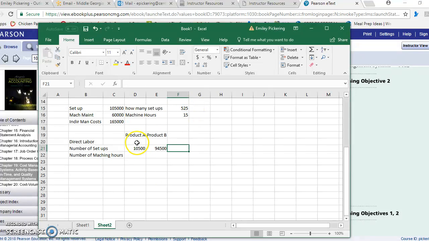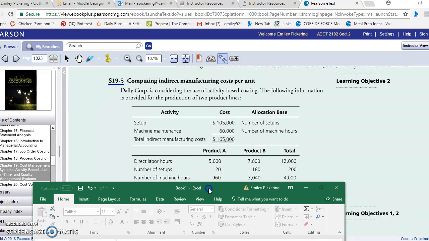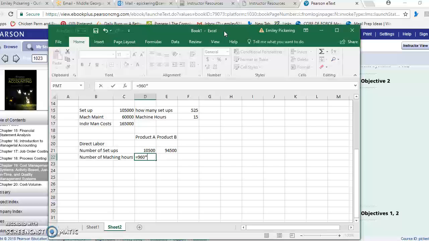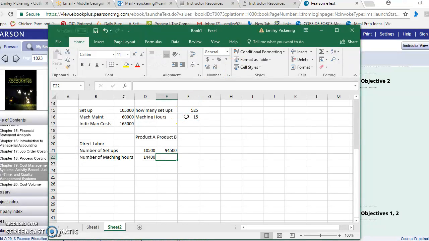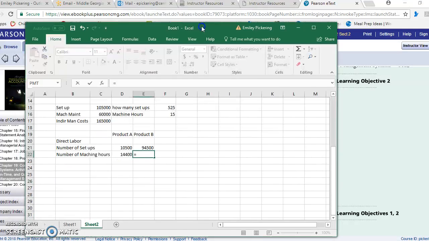And then for machine hours, for product A, it's going to be 960 times the $15 we just determined. And for product B, it's going to be 3,040 times the $15 that we just determined. So these are our two costs that we have already allocated here.